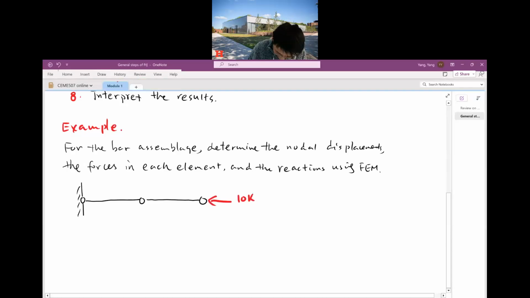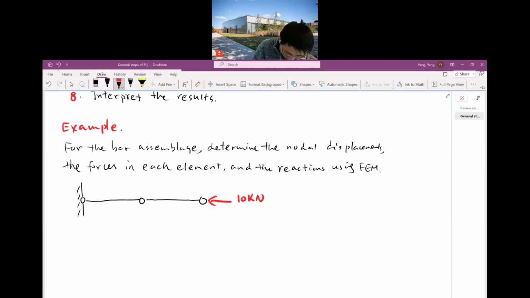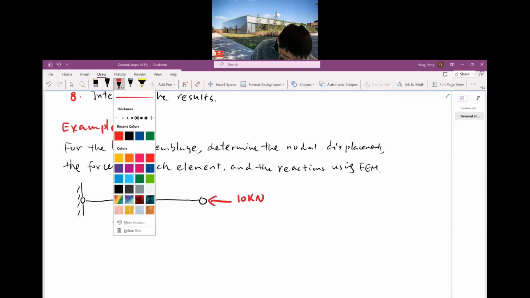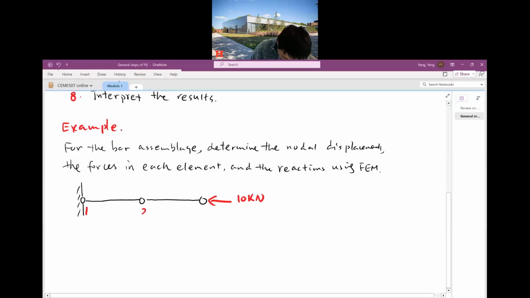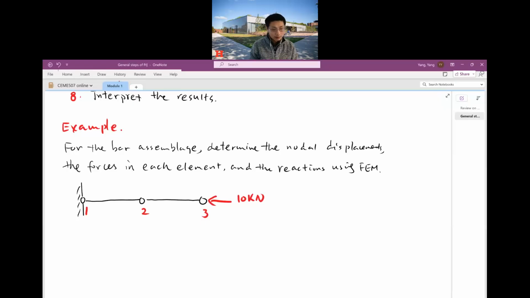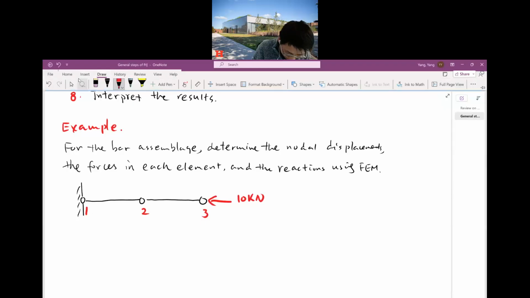Right? So we have 10 kilonewton here, and we have 3 nodes: 1, 2, 3. So basically we have 1 bar here, and the bar is discretized into 2 elements, so that we have 3 nodes.